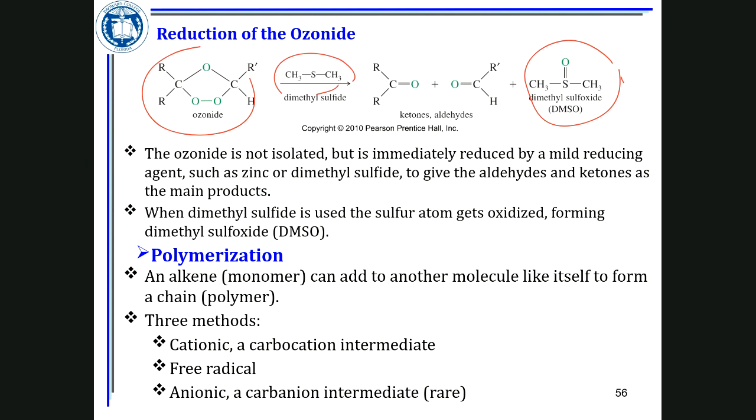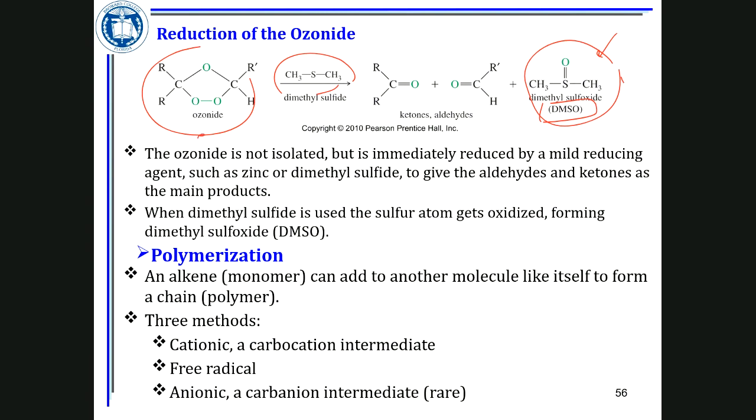If you hear about DMSO, that's dimethyl sulfoxide. It is an aprotic solvent that could be used in SN2 reactions as well. It is a polar but aprotic solvent. The ozonide, this intermediate, is not going to be isolated.